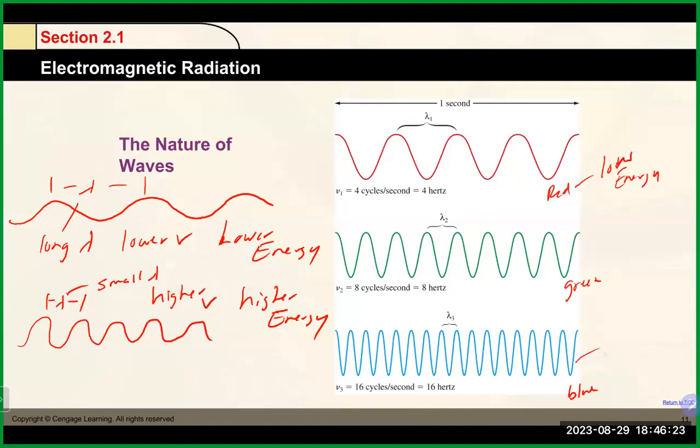While here on the blue side would be a much higher energy associated with that blue wavelength, because again, it has a shorter wavelength, a much higher frequency. It's essentially moving through space a lot faster in a sense, right? It's moving really quick rather than the other one that's moving through space at a much lower frequency.